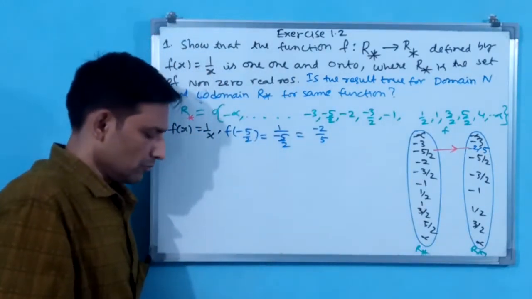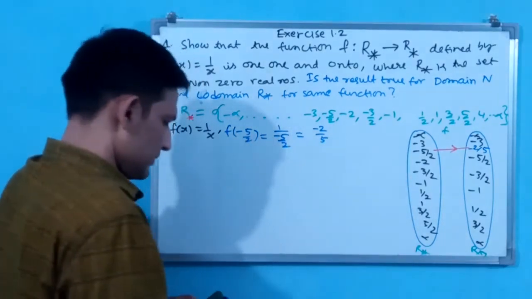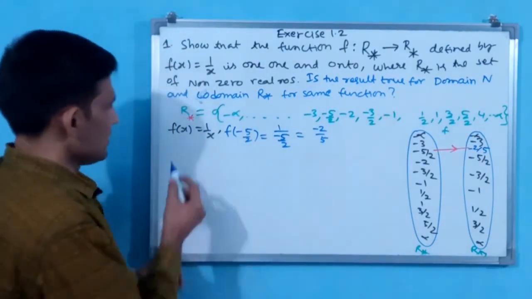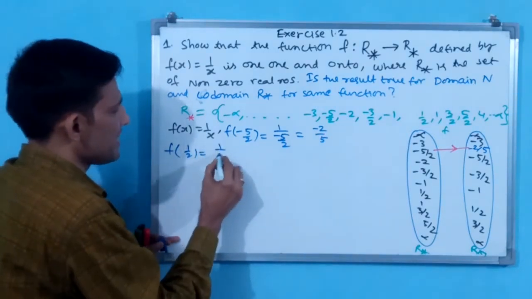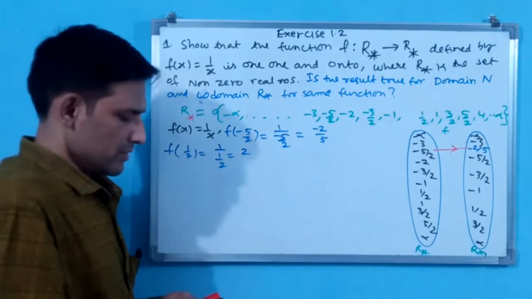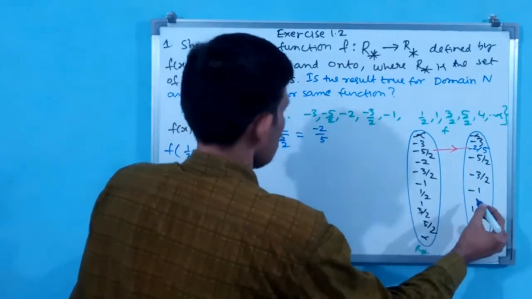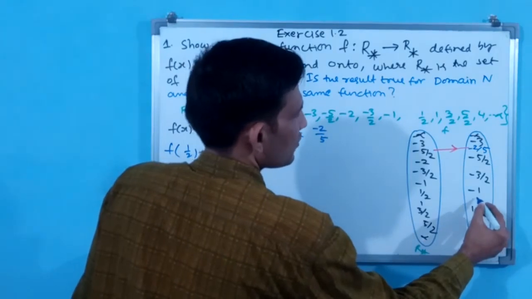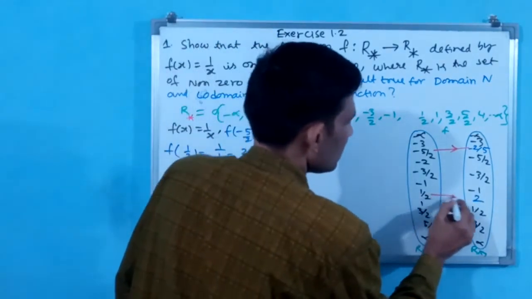Okay, now I take 1 by 2. Say f of 1 by 2 is equal to 1 by 1 by 2, that is equal to 2. Okay, now here 1 by 2, here 2 is there. Yes, 2. Now 1 by 2 is having a relation with 2.